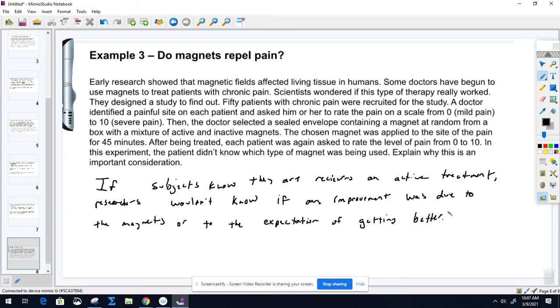Okay. That would be the placebo effect, right? You tell somebody, hey, I'm going to put this magnet on you and it's going to make you feel better. Obviously, their mind's going to tell them after 45 minutes that, yeah, this should make me feel better.